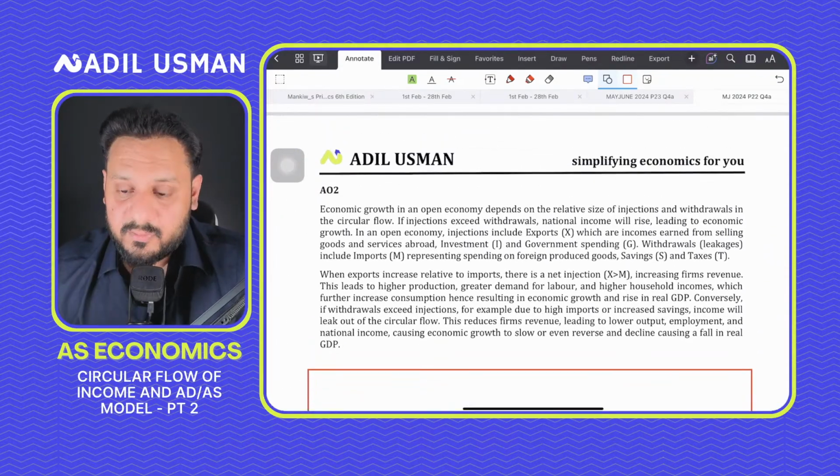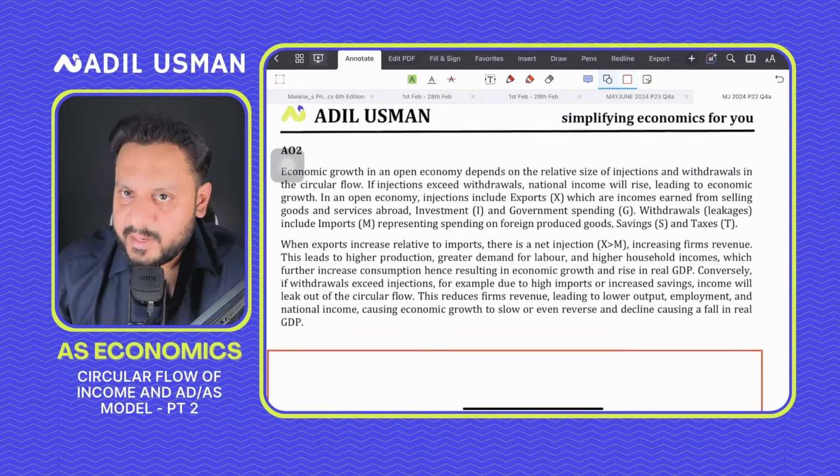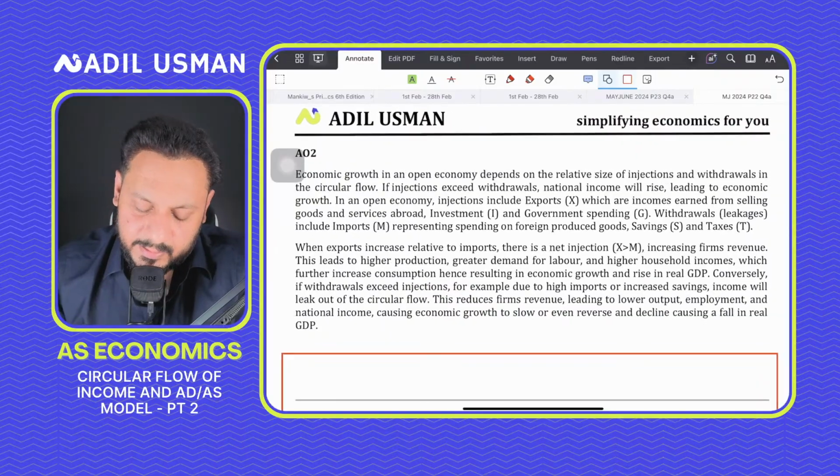And AD falls, right? You don't need to draw any AD-AS diagrams, you don't need to draw any demand-supply diagrams.